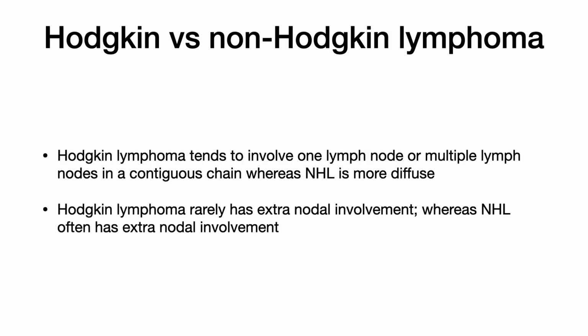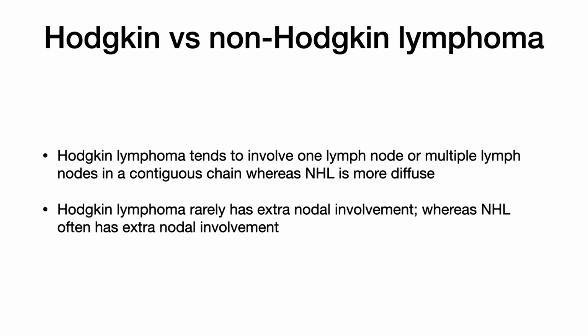So Hodgkin's versus non-Hodgkin's, and everything else we've been talking about has been non-Hodgkin's. Hodgkin's lymphoma tends to involve one lymph node or multiple lymph nodes in a contiguous chain, whereas non-Hodgkin's tends to be more diffuse. So if they're presenting with femoral and axillary and cervical lymphadenopathy, it's probably not Hodgkin's because they're not contiguous chains. And then Hodgkin's lymphoma rarely has extranodal involvement, although when they were staging Hodgkin's lymphoma, when I was a resident, they would oftentimes take out the spleen.